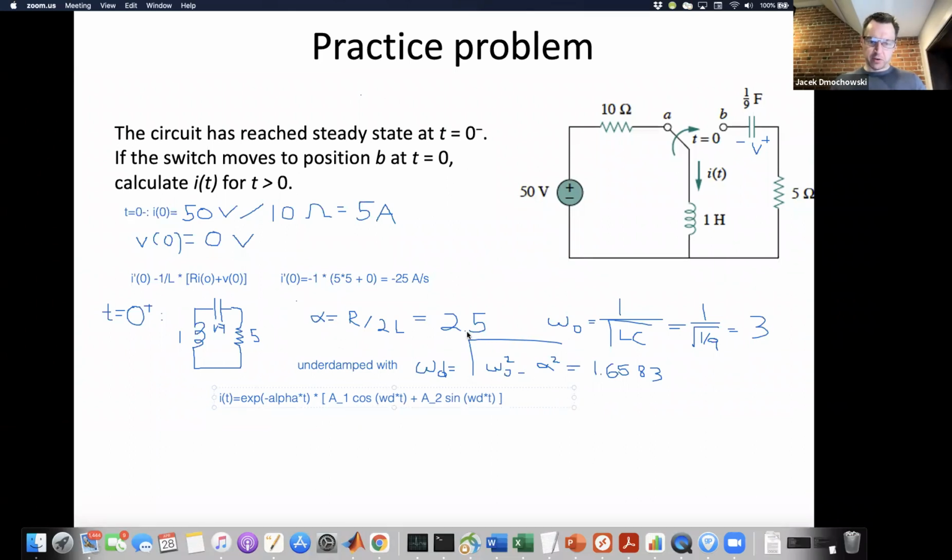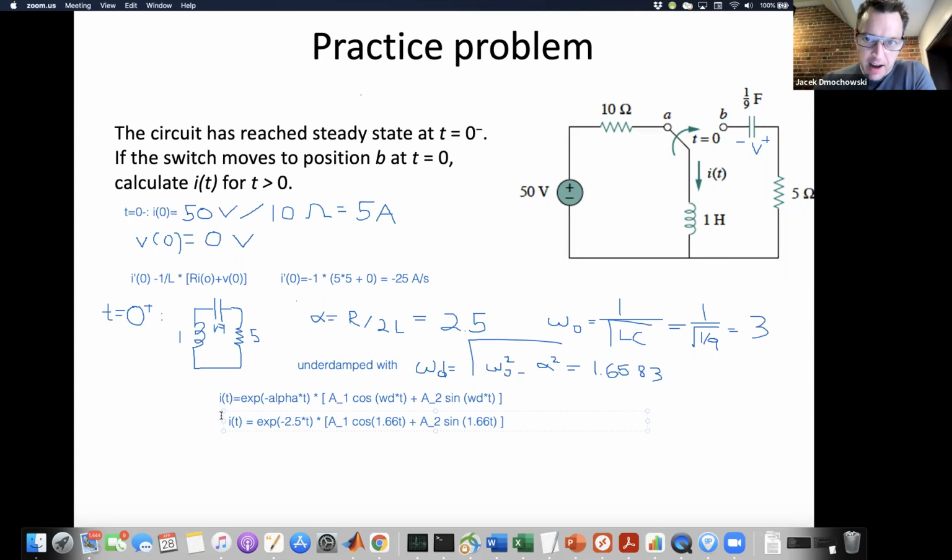And we already know that alpha is equal to 2.5, and we have omega d, which is 1.6583. So now what we have to do is find the values. Actually, let me plug them in: e to the -2.5t times A1 cos 1.66t, I'm just going to call it 1.66. Okay. So that's our solution with the alpha and omega filled in.